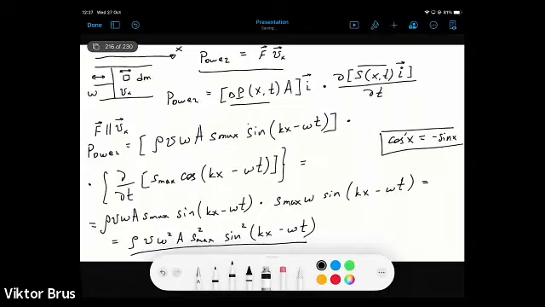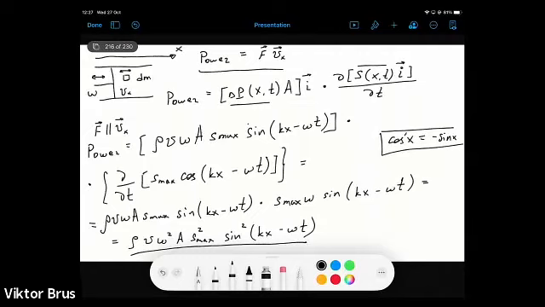Now we need to take some average because you see that this is a function of position and a function of time. We don't care about position so much because we can pick any position, assuming that we don't have attenuation of this sound wave. It will be the same power transmitted with the sound wave at any position along x along this pipe.